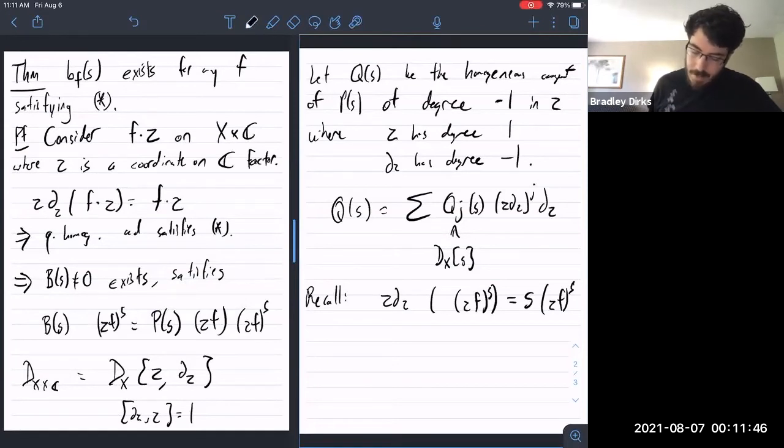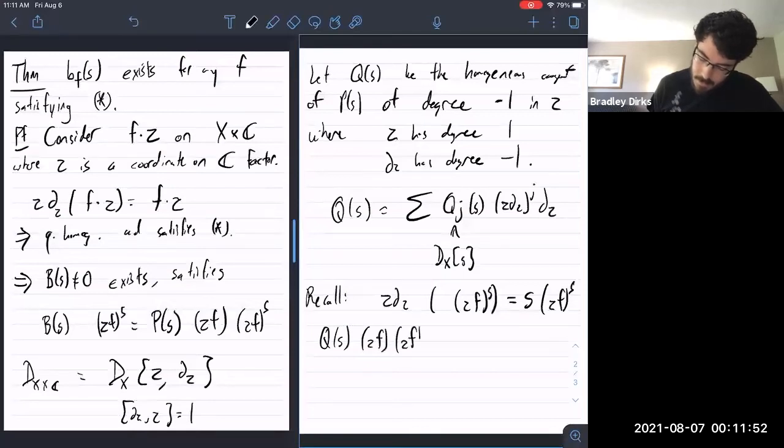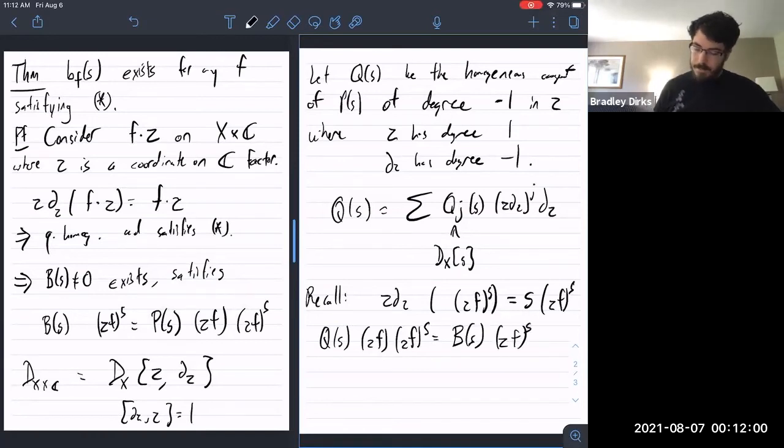And so we really have this relation Q(s) times z f to the s is equal to this b(s) z f to the s. And we can write this whole left-hand side, applying the rules and the fact that z dz just multiplies by s.